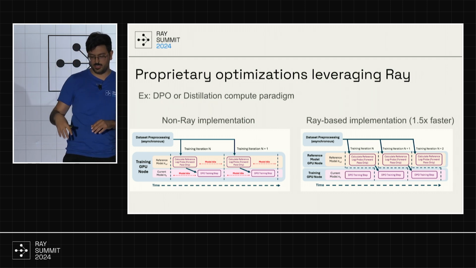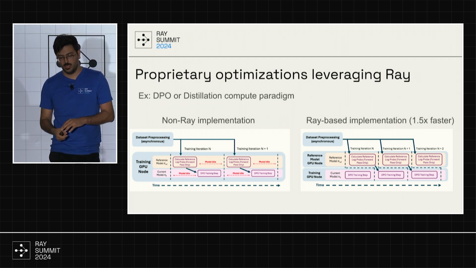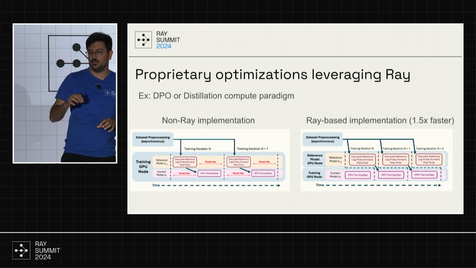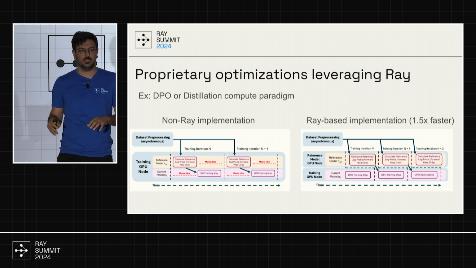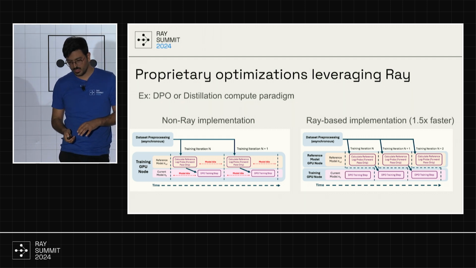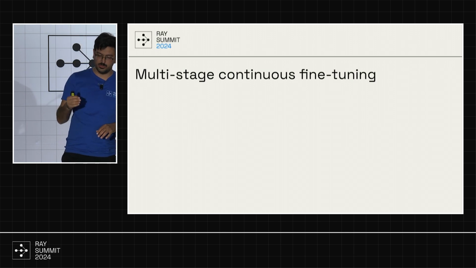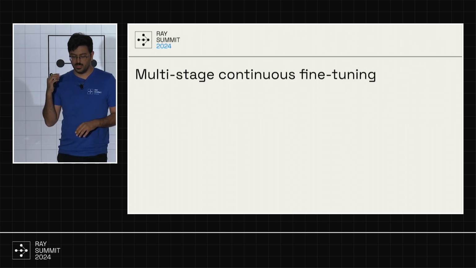In our implementation of this algorithm, we have overlapped these computations, achieving up to 50% more throughput. And this is only possible when using Ray, where you can independently orchestrate processes and then connect them to each other.